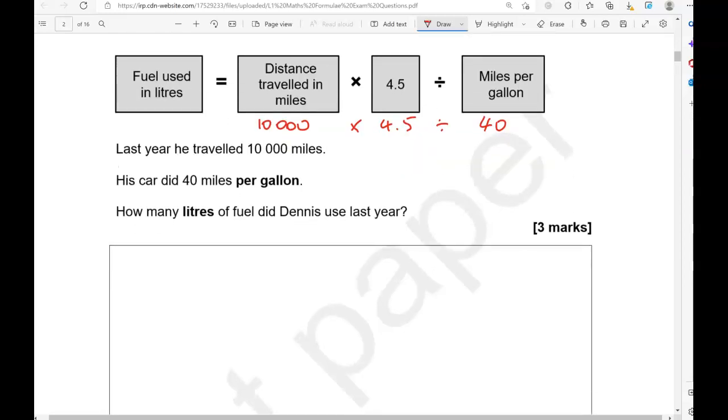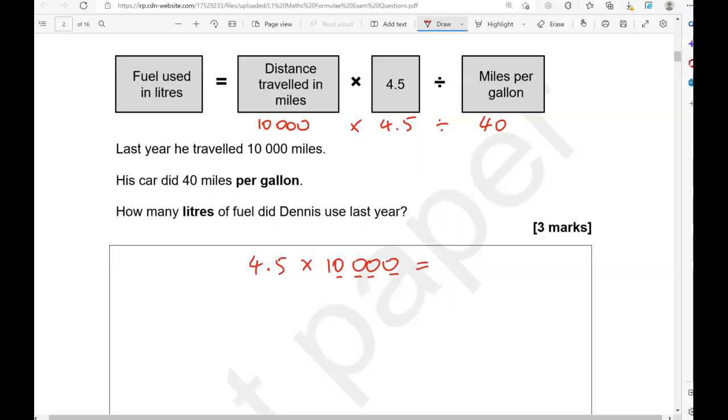So 10,000 times 4.5 or 4.5 times 10,000. We can do this without a calculator, and it's a case of moving the decimal point 1, 2, 3, 4 places to the right to make the number greater.